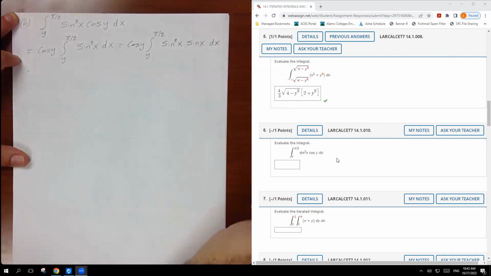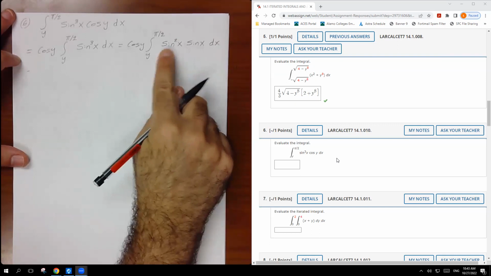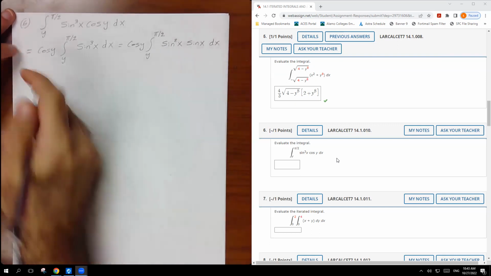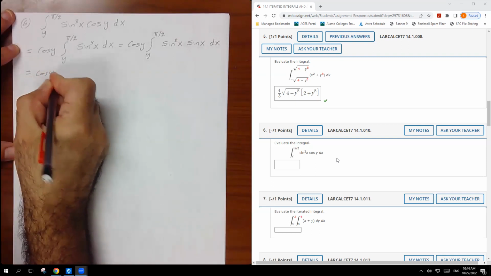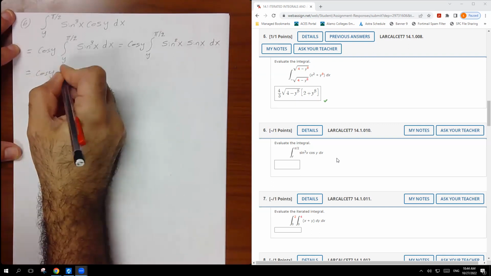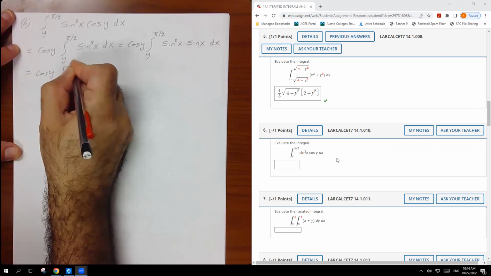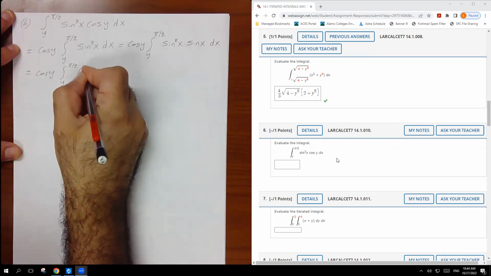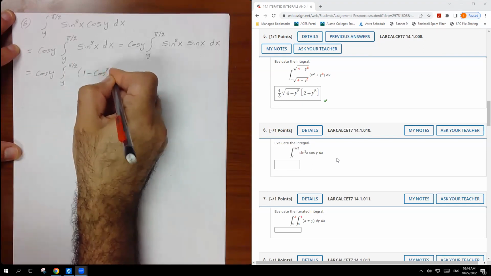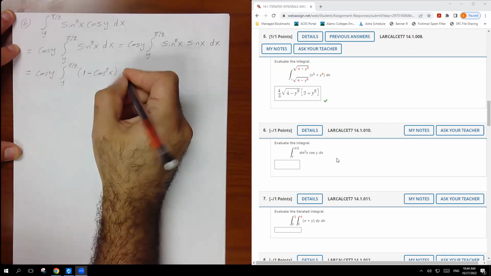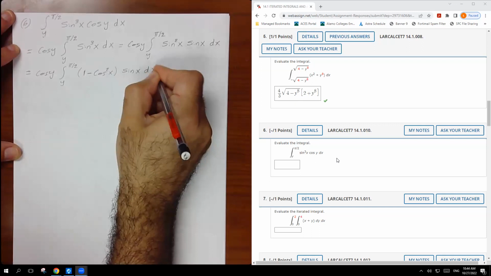Now we're going to do the integral. Sine squared x is 1 minus cosine squared x. So this one is going to be equal to cosine y, and the integral from y to pi over 2 of 1 minus cosine squared x, and here is sine x dx.